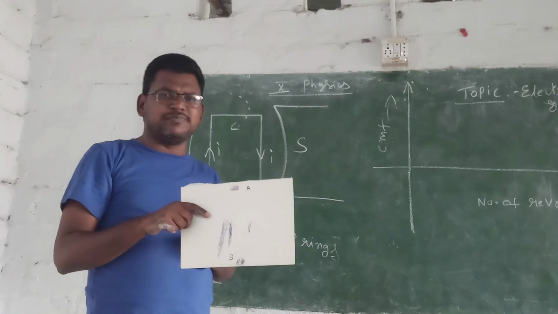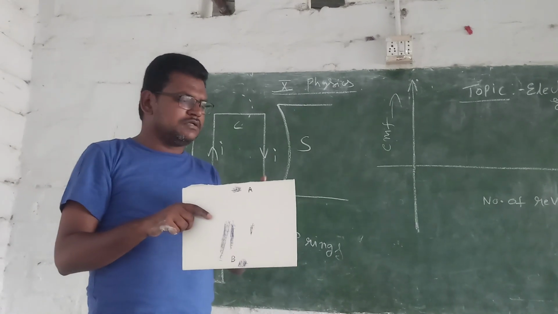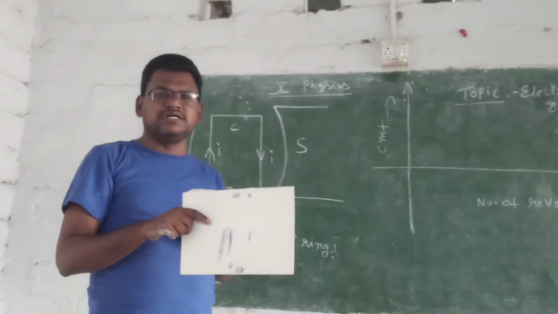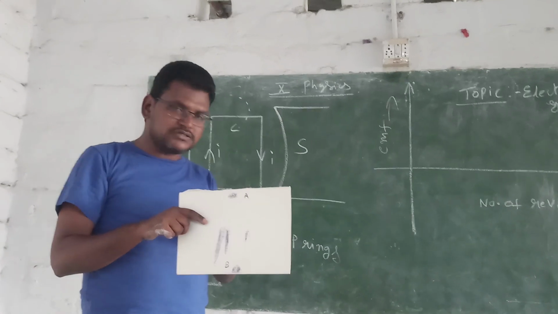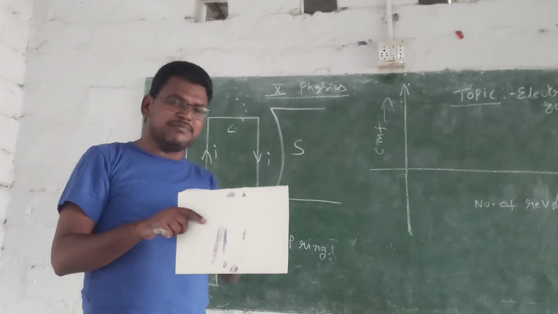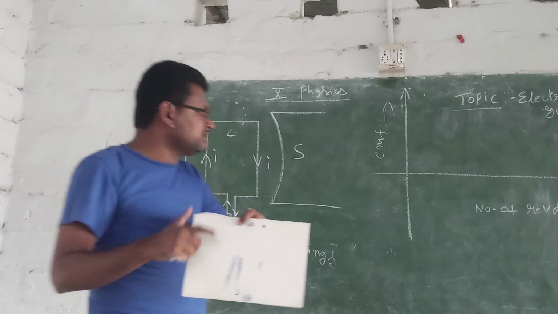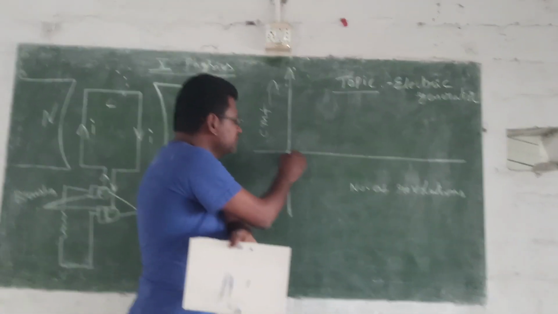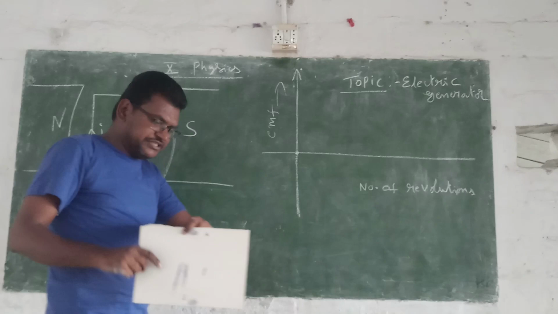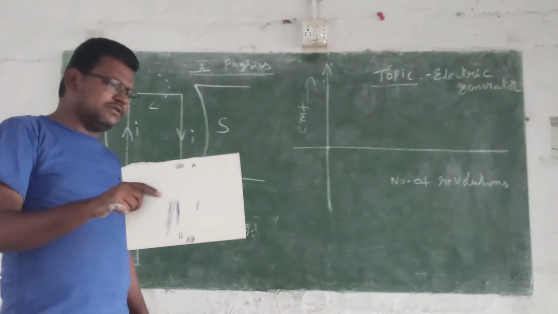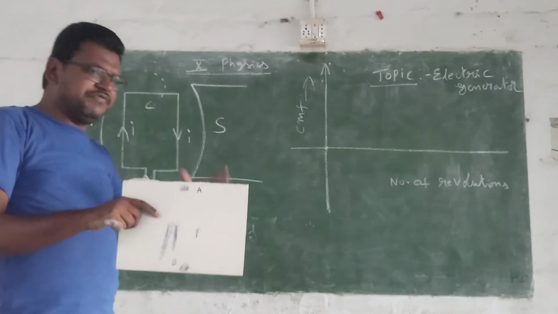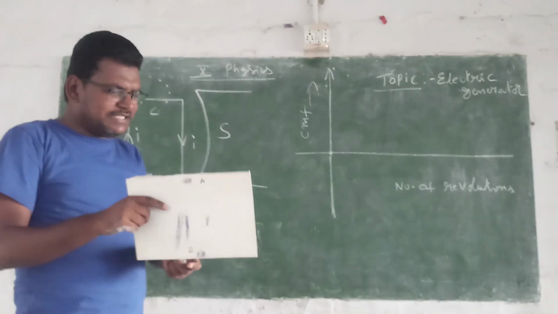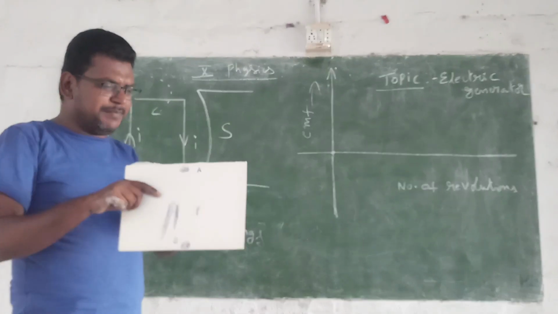Even though the flux is a maximum, the current is zero. That means the EMF is zero because there is no change in the magnetic flux. So let's take EMF as zero in this orientation, when the coil is vertical between the two poles of a magnet. Now as it rotates, what happens?